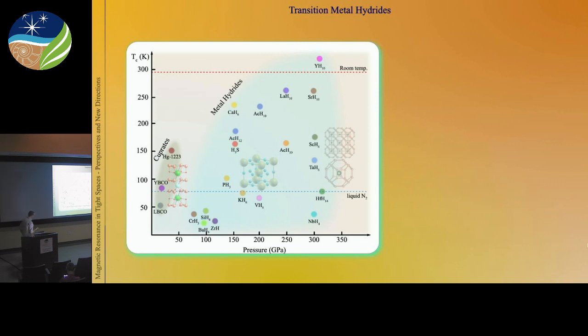But in this field we are in a kind of awkward situation. On the one hand, our theoretical body of understanding is quite extensive. We know a lot of theoretical high-pressure phases of hydrides with a lot of hydrogen in their structures, and we can also estimate the TC these would have.